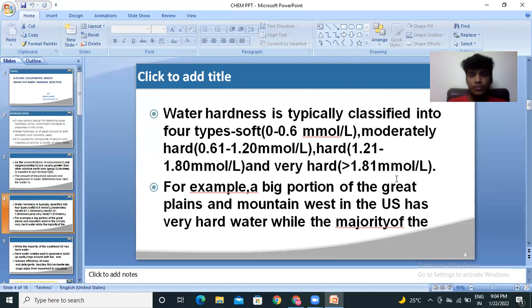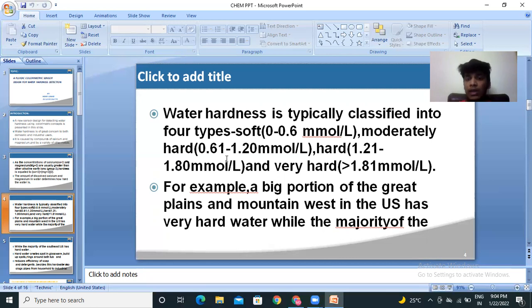For soft, we can see 0.0 to 0.6 mole per liter. If the concentration is 0.0 to 0.6, then we can say the water is soft. If the concentration of water is 0.61 to 1.20 mole per liter, then we can say that it is moderately hard.